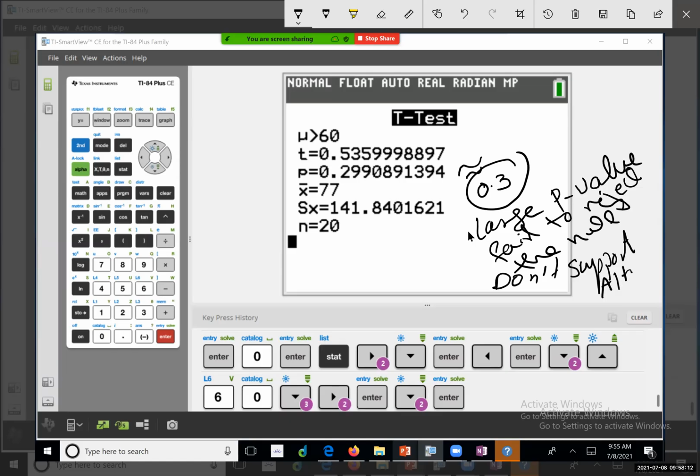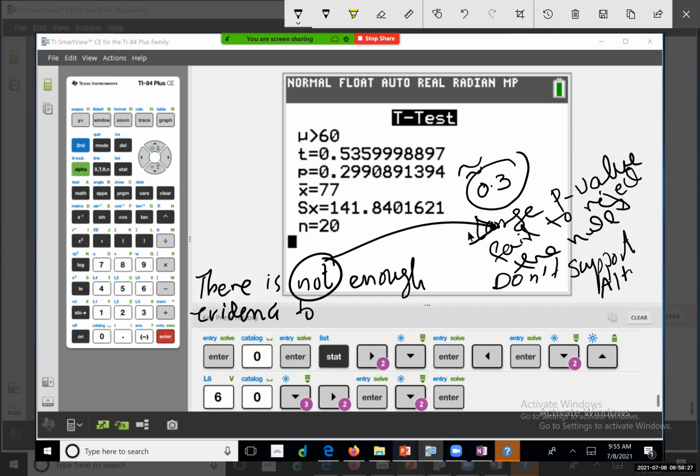So here we go. There is not enough evidence to support, because we say fail to reject, there is not enough evidence to support that the tobacco scenes are more than 60 seconds in animated children's movies.